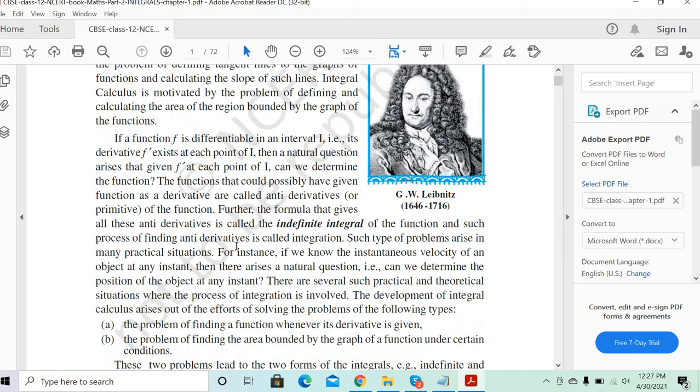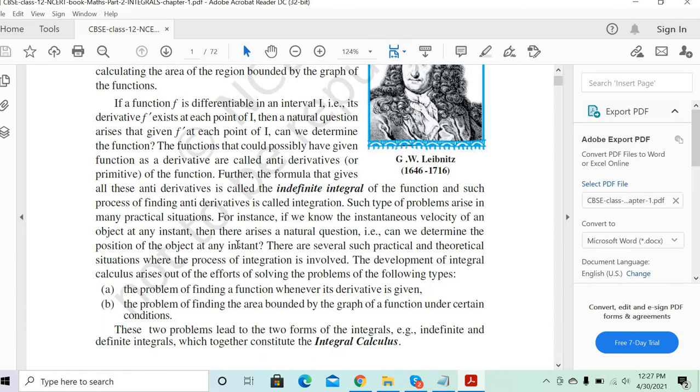We call it the opposite. We'll try to understand what is called the indefinite integral and what is called the definite integral. Further, the formula that gives integration is also called the antiderivative. If the function is differentiable on an interval and the derivative f dash x exists at each point, then the natural question is whether, given f dash, we can determine the function.